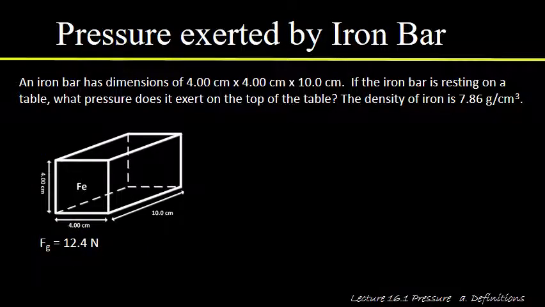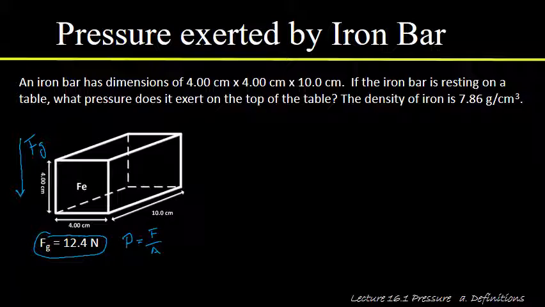Okay, so we're almost done. We're almost ready to calculate the pressure exerted by this bar. We've already determined that there is a force acting on that bar, a force due to gravity, and the magnitude of that force is 12.4 newtons. And we know that by definition, the pressure is the force divided by the area through which that force is acting.